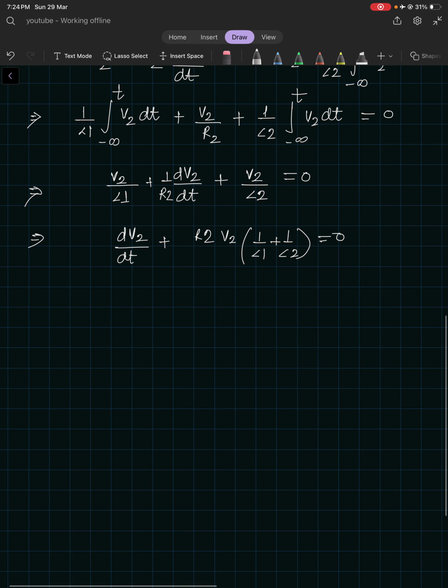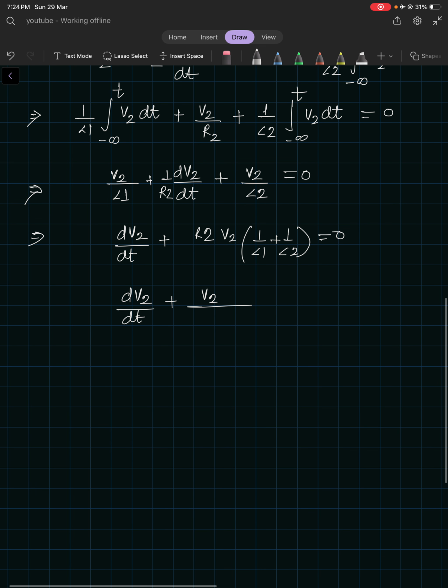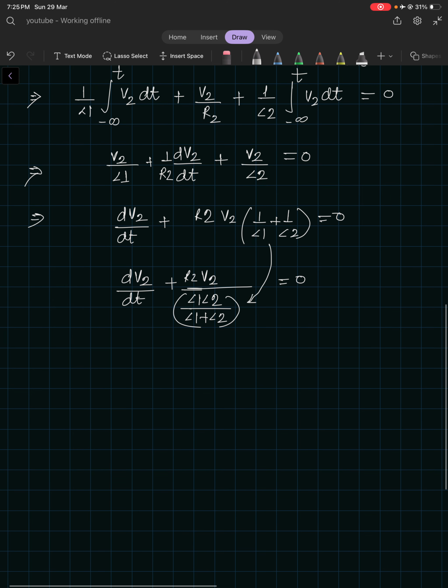So I can write dV2 by dt plus V2 upon, this would be R2 times L1 L2 over L1 plus L2, equal to 0. Actually I simplified this one directly, right?